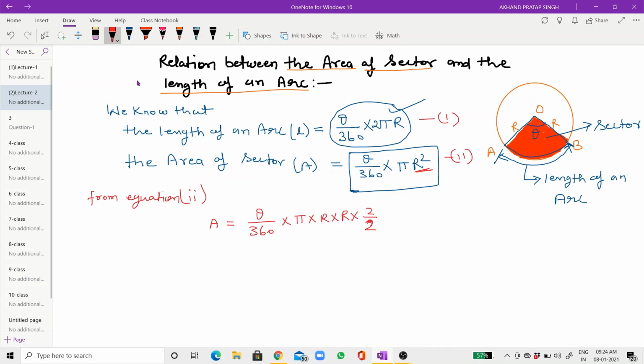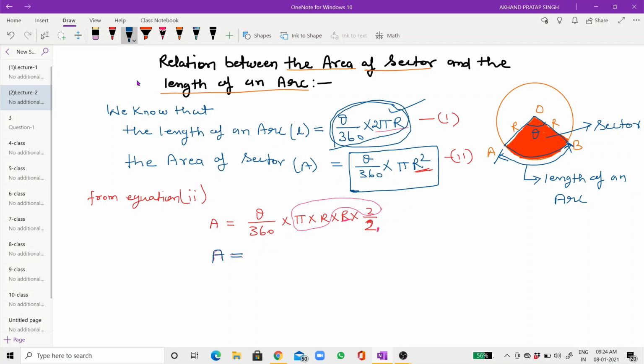The value will be the same. And look, here is 2 pi r. So what is left? One r is here and 1 by 2 is here. So we can arrange this.